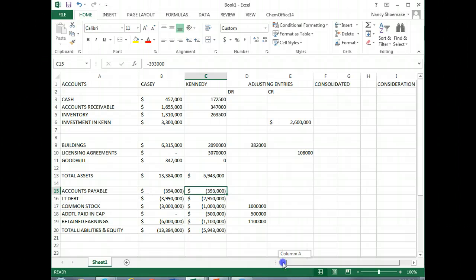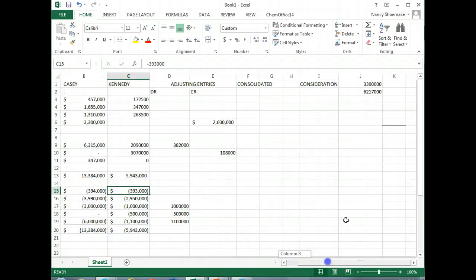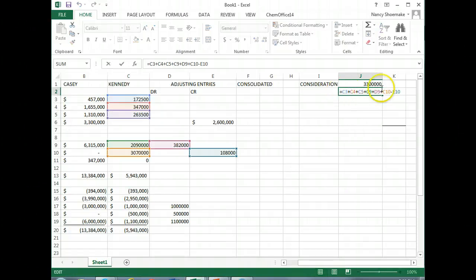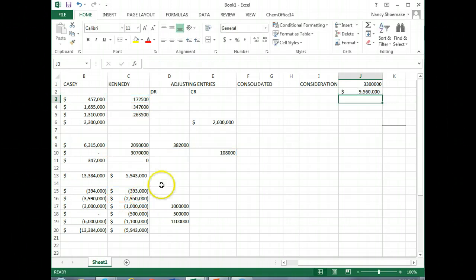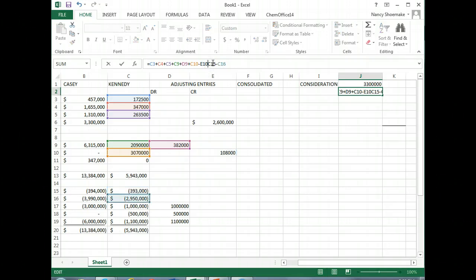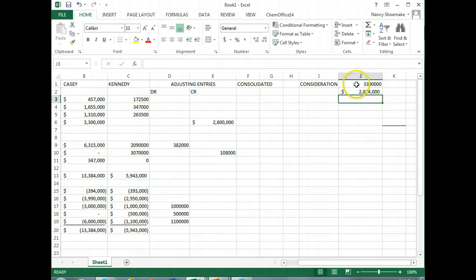Remember, we take the net assets of the fair value? So we need to subtract from this. So minus the licensing agreement and the long-term debt, right? Shoot. Oh, I need to add because I have negative numbers there. There. That looks better, doesn't it?